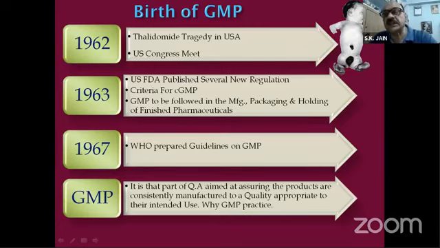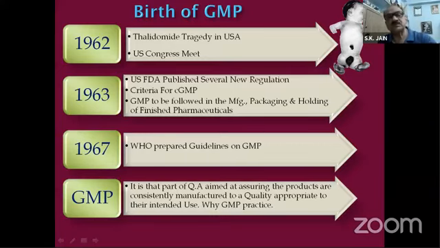It was a great problem, right? And this tragedy happened because at that time GMP was not so effective, and the FDA and WHO were not worried about product quality.